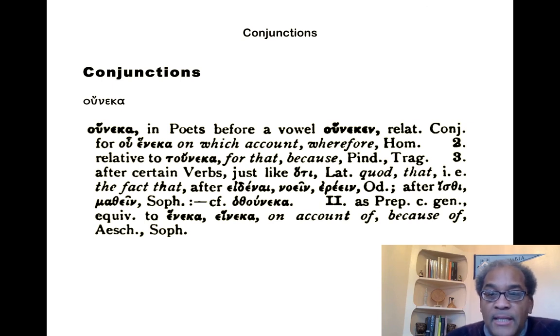And then, secondly, it's a preposition with a genitive equivalent to heneka or heineka, on account of, because, and this usage occurs in Aeschylus and Sophocles. But for our purposes, just recognize that it means wherefore, on which account. He loved her, hunica, he did everything she asked of him.